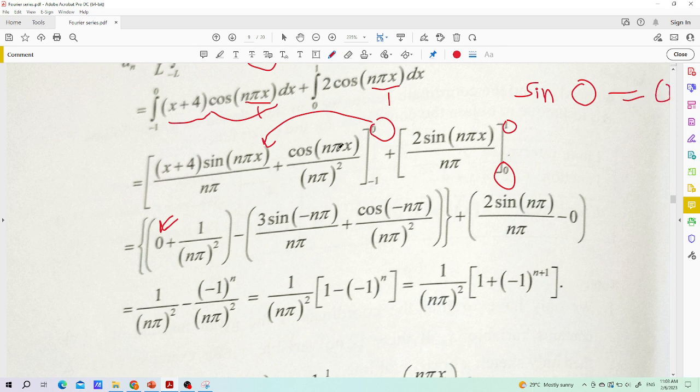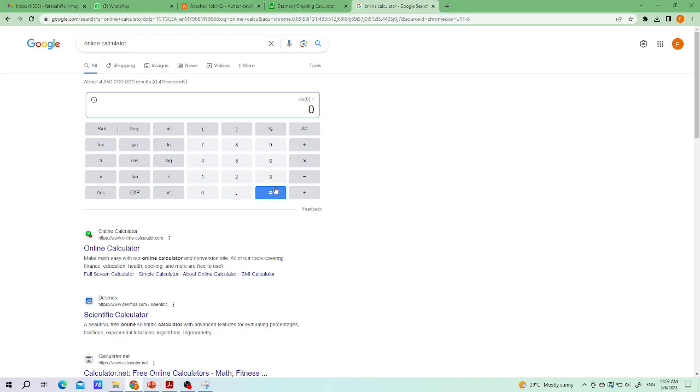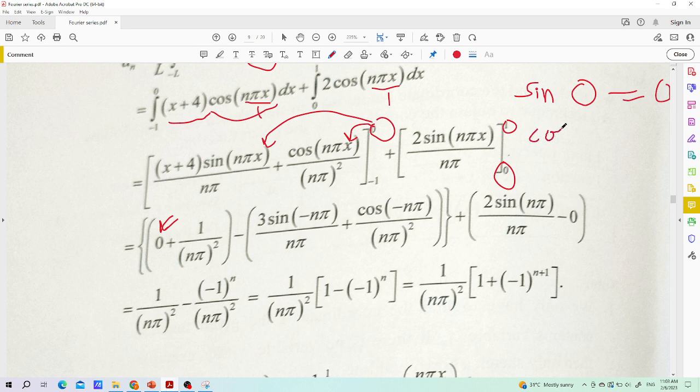Okay, cos 0, so you put here cos 0, you will get 1. Cos 0, you will get 1. That's why we will have 1 here. And then n pi squared here, we still maintain the pi squared.